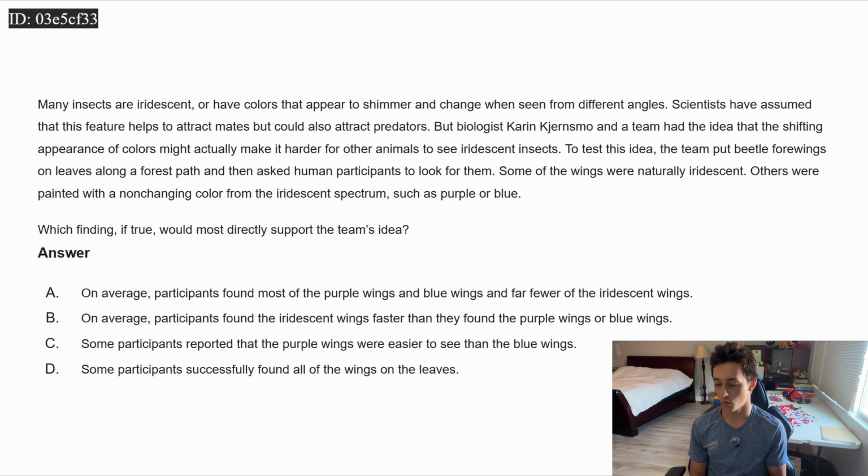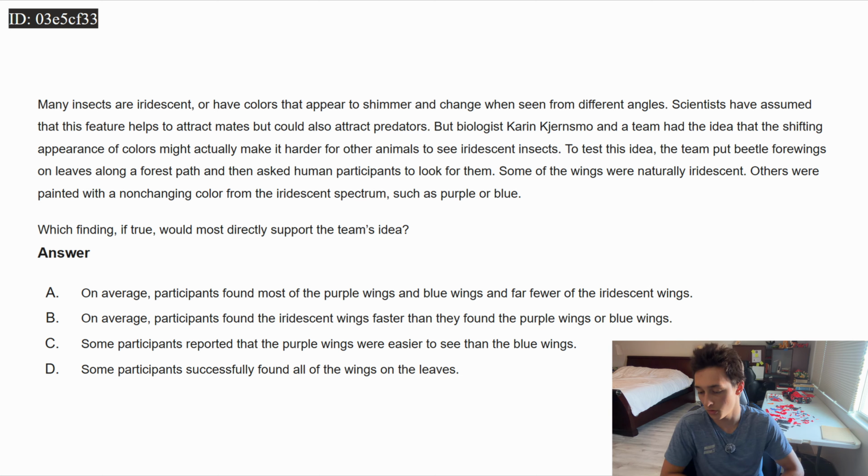So in this case, we're not actually trying to find the end of the story. We're trying to find something out in the world that could potentially help the idea that they're trying to convey in this passage. So let's try to get the main idea of what the text is trying to say here.